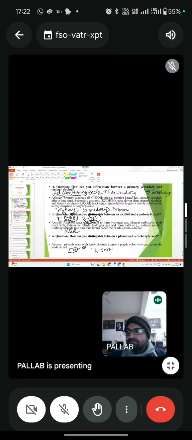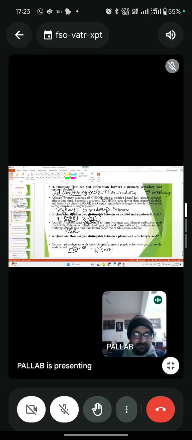The litmus paper which we used in the previous case we cannot use in this case. So what will we use to separate them? This is also acidic, this is also acidic, so we can't use litmus paper. For this purpose, we will use ferric chloride.